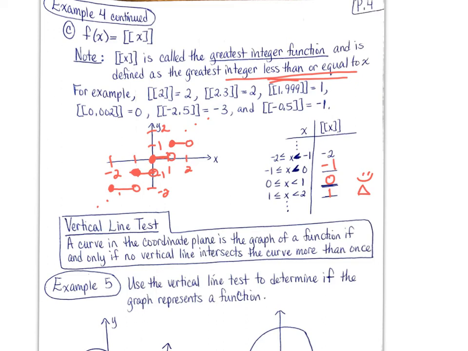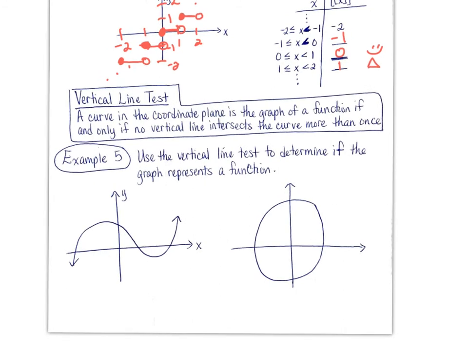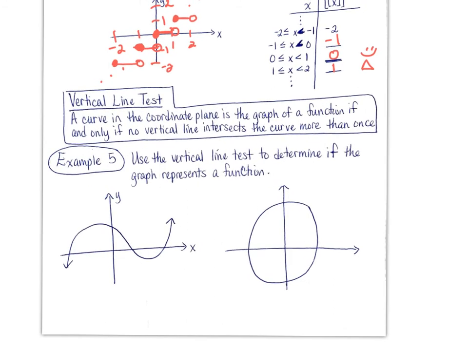And then the other concept we need to talk about here is that of the vertical line test. A curve in the coordinate plane is the graph of a function if and only if no vertical line intersects the curve more than once.